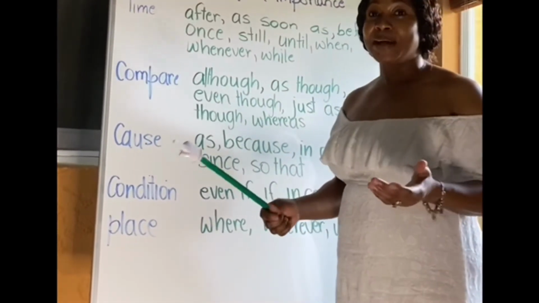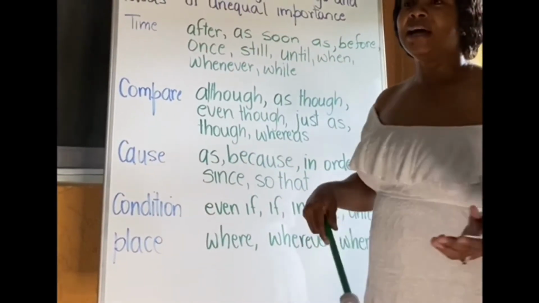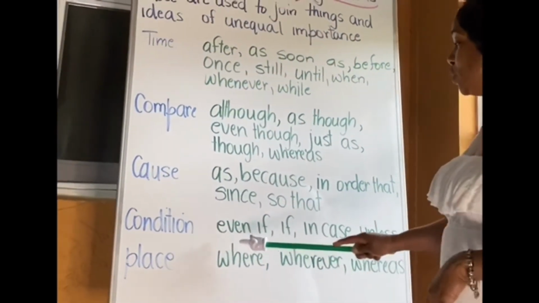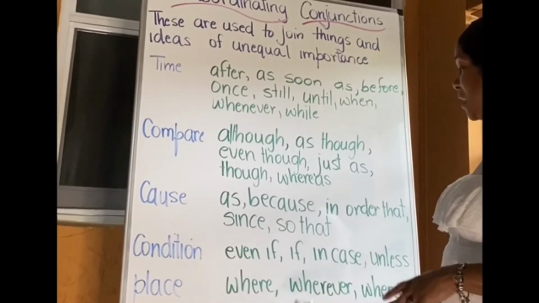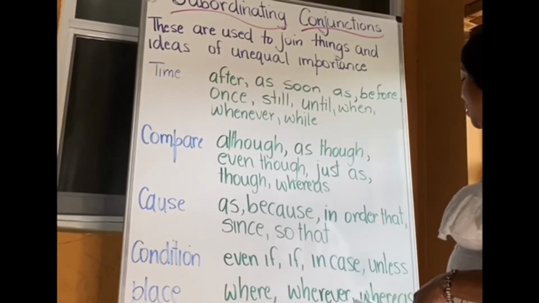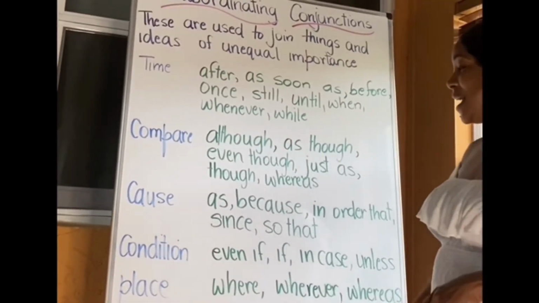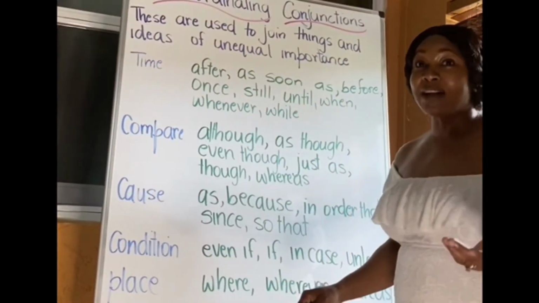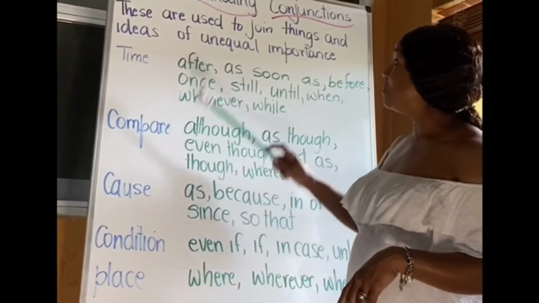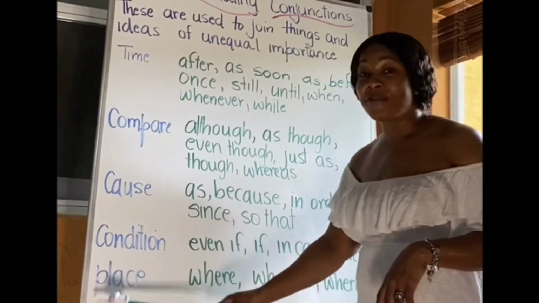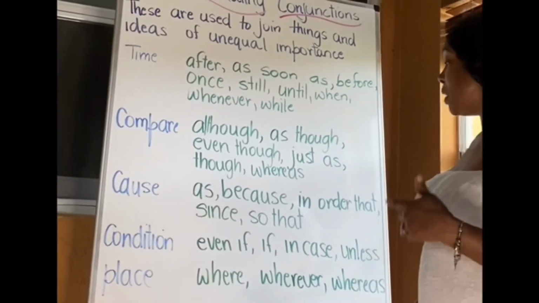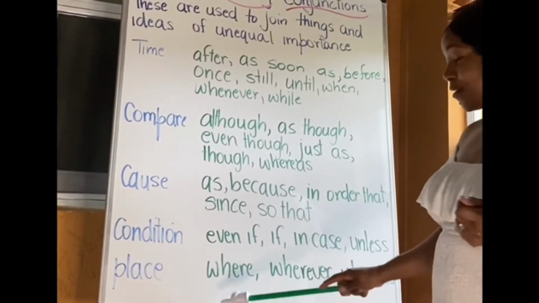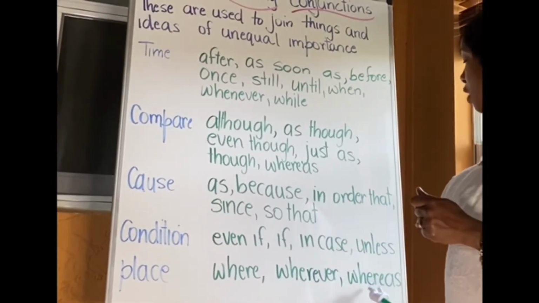Condition. Sometimes one thing happens due to a certain condition. So in this case, we're using even if, in case, or unless. And the last one, when we looked at adverbs, we looked at adverbs of place, but this time it's conjunctions, and some of them we use when we're referring to a place. So where, wherever, and whereas.